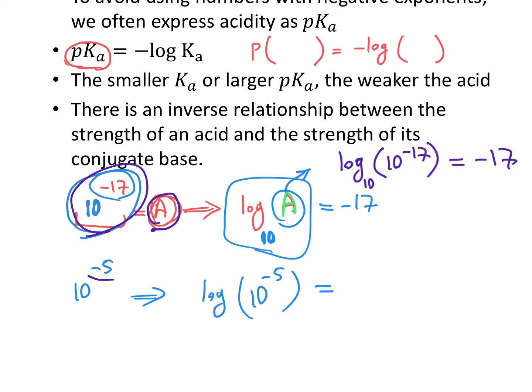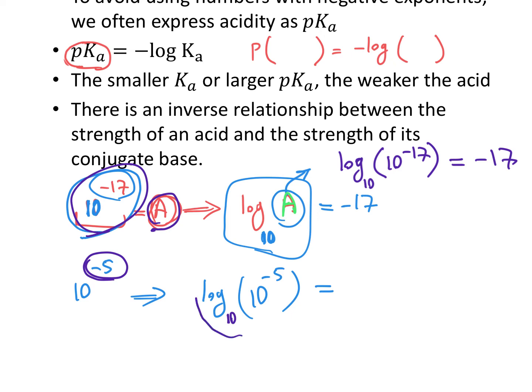So basically, when I take the logarithm, it tells me what your power, what your exponent is. Or you can learn it like this, that when we don't write the base in logarithm, it means that the base is 10, okay?